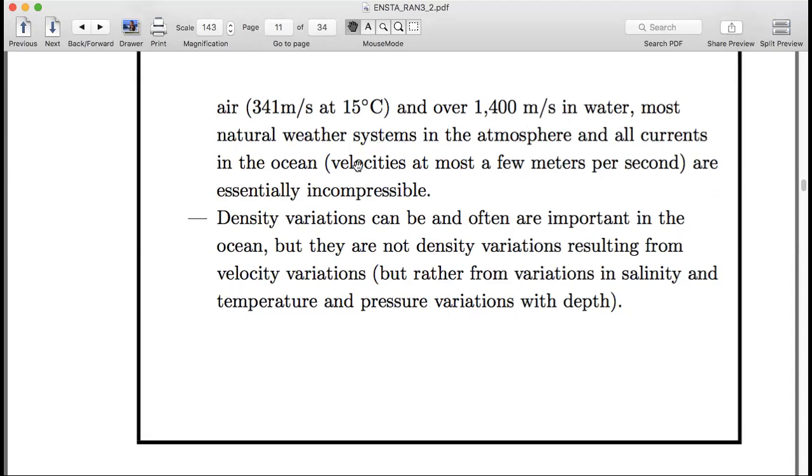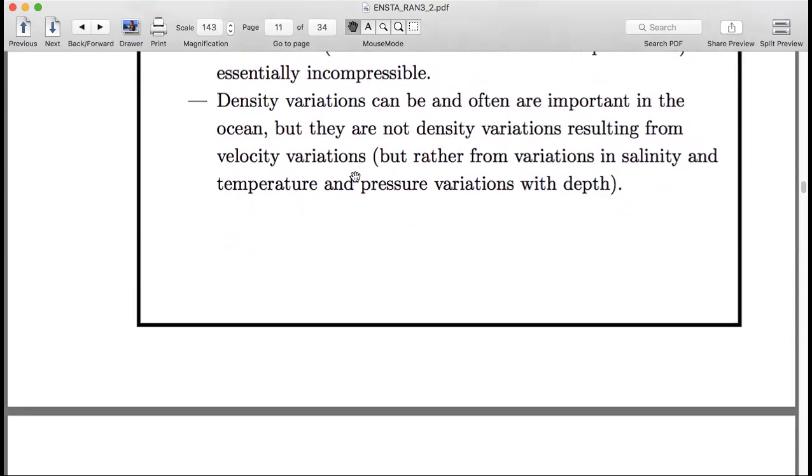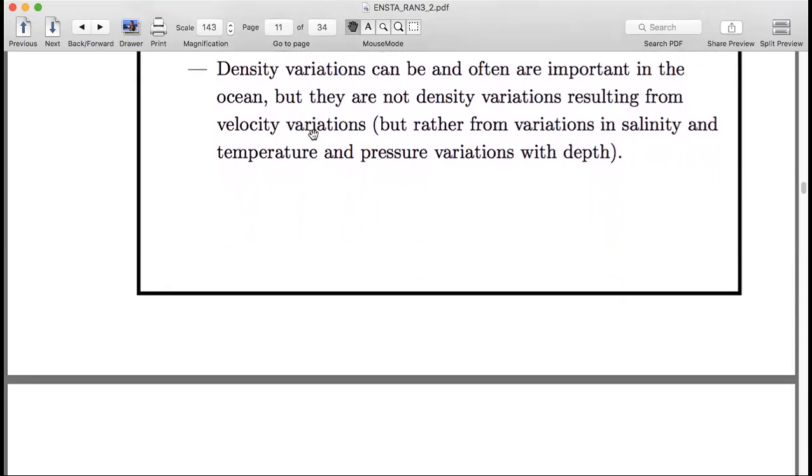And we'll look at some examples in the atmosphere. In very extreme situations, you can have wind speeds that are not supersonic, but more than half the speed of sound. But of course, they're very exceptional, like tornadoes.